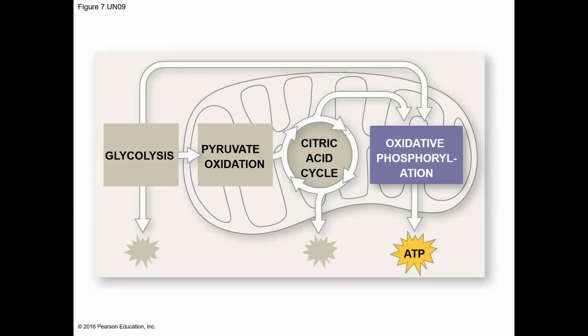And just like all the other steps, if one of the other steps is interrupted before oxidative phosphorylation takes place, then oxidative phosphorylation cannot take place. So if the citric acid cycle somehow fails, or if pyruvate oxidation fails, or glycolysis has failed, then oxidative phosphorylation won't take place. So this is a series of events.